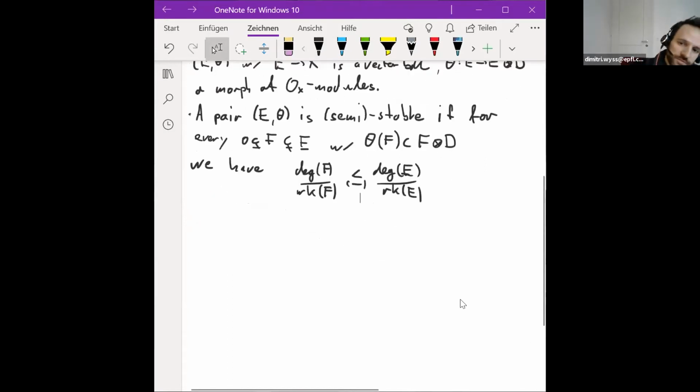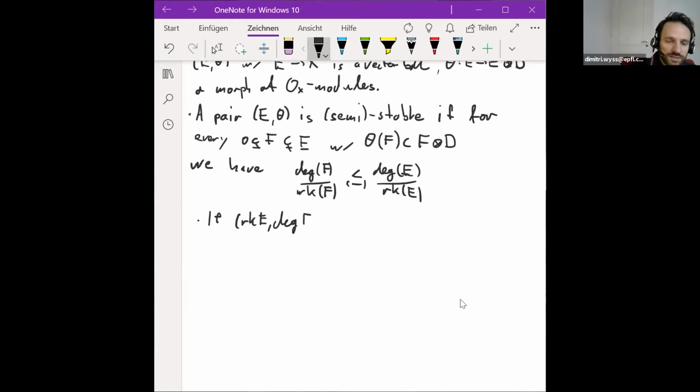A first sort of numerical observation is that, of course, if the rank of E and the degree of E are co-prime, then semi-stable is equivalent to stable.